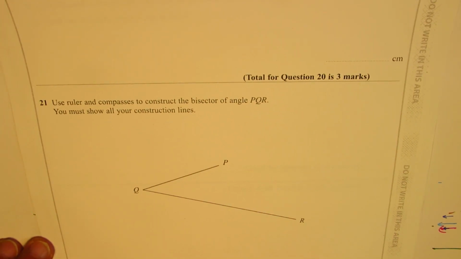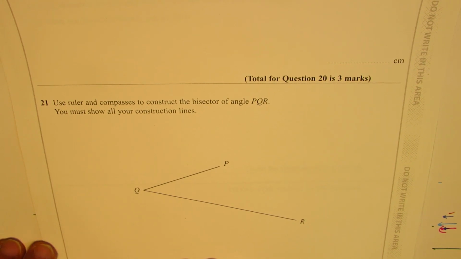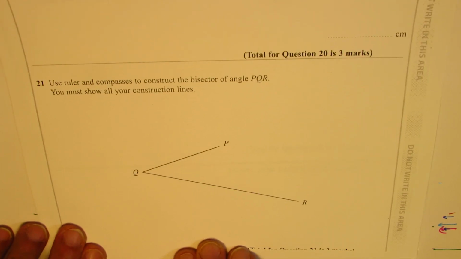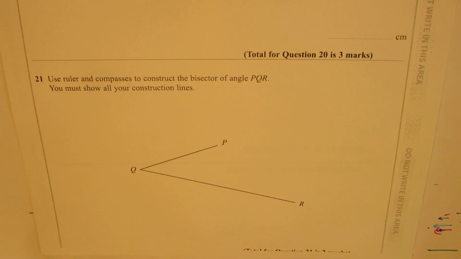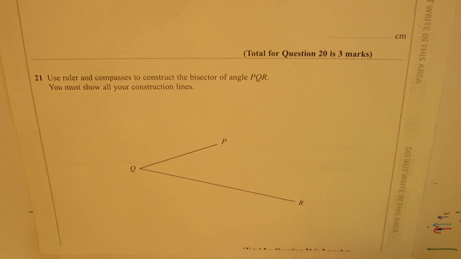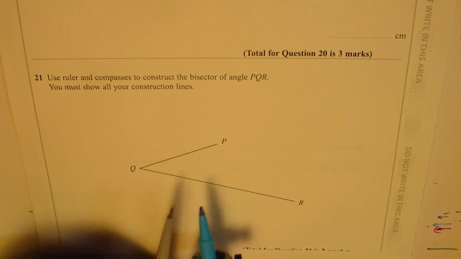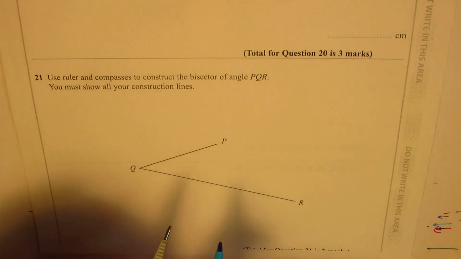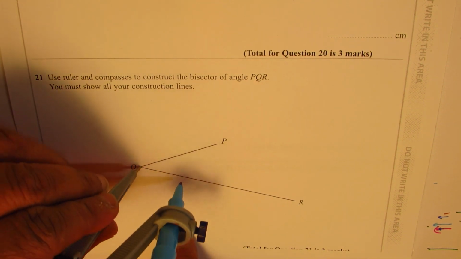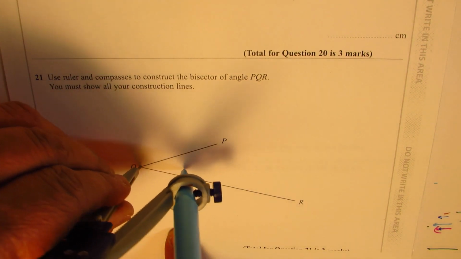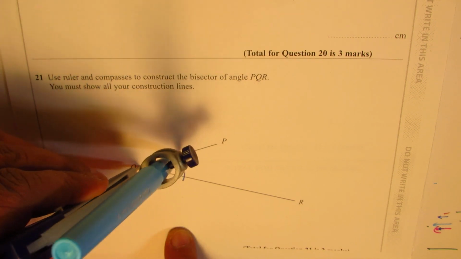Question number 21 is to use ruler and compass to construct the bisector of angle PQR. You must show all your construction lines. So let's do it. Now to bisect an angle, we need to have a compass as shown here. I'll show you the whole work here. We need to keep it at Q and make an arc to cut the 2 rays, right?